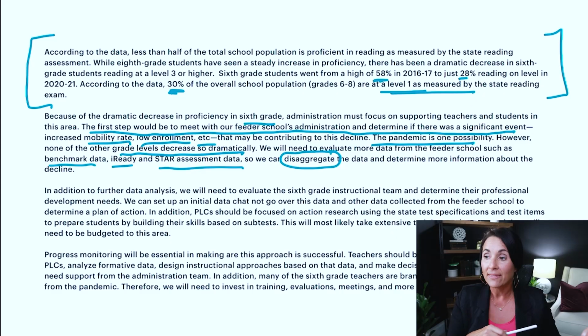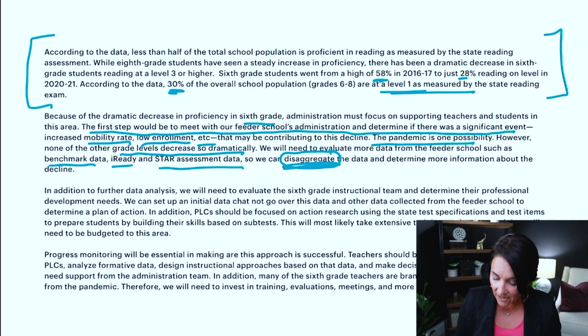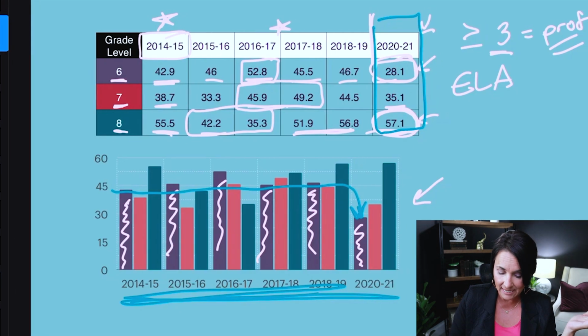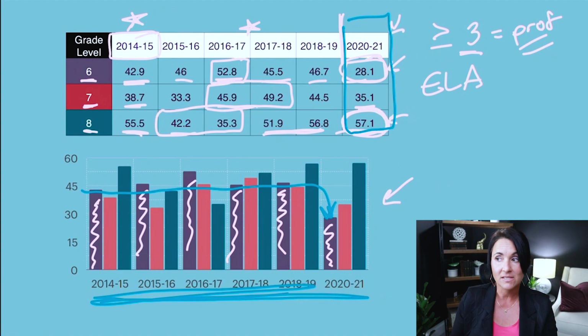But I want to get that information from the middle school assistant principal. I want to see what's going on the year before. All right. And then I'm going to disaggregate the data. Good word here. Remember, from all of my leadership webinars and videos, we want to dig down deeper. If we take a look at this data here, this is a snapshot, but this doesn't tell me what they're low in, which students.